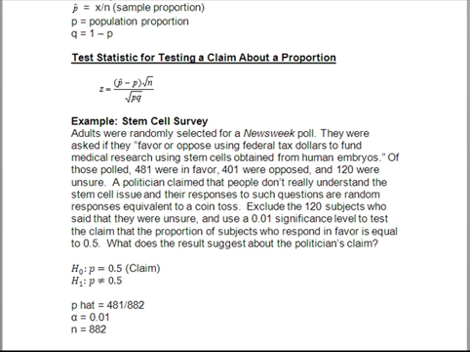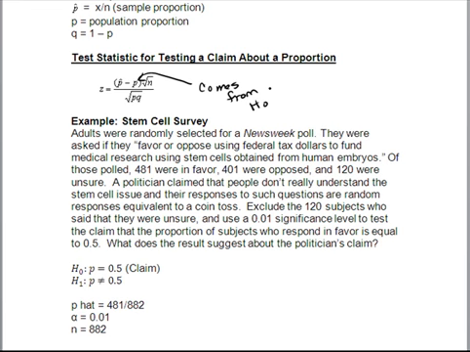And again, you can see I've changed this from a complex fraction into a simple fraction, times the square root of n up on top, divided by the square root of pq. Now p is coming from the null hypothesis. P hat, of course, is our sample proportion. So where you get p is from the null hypothesis, and q then will be the complement of that.